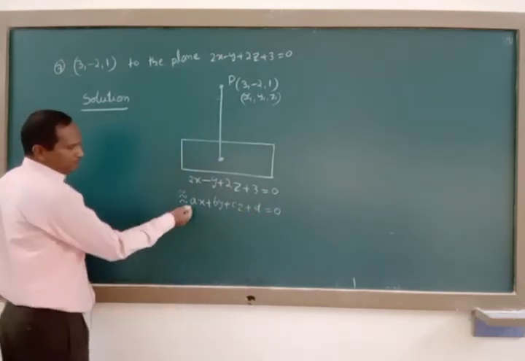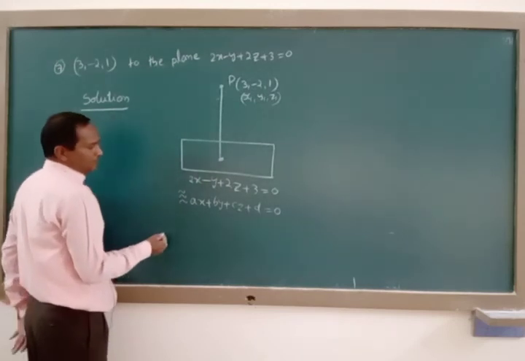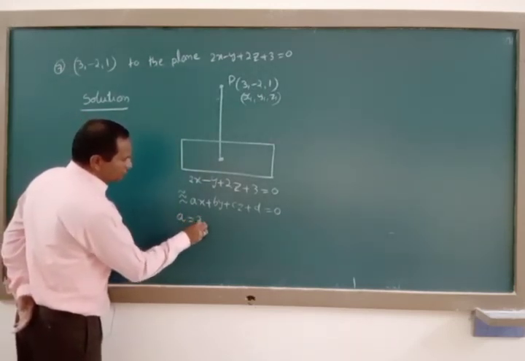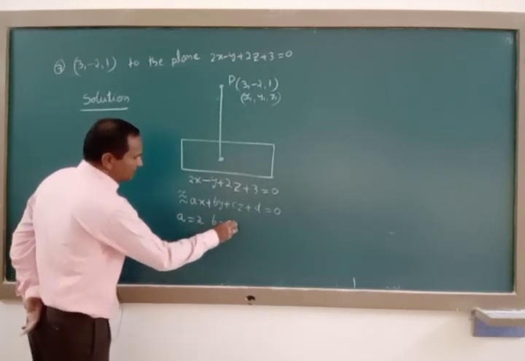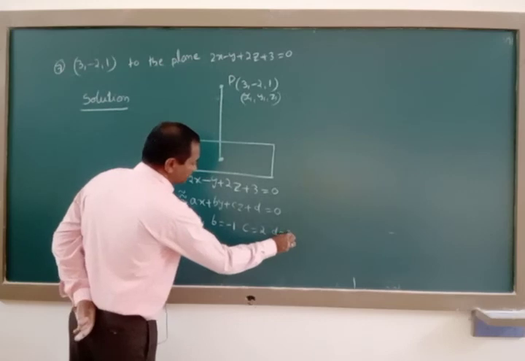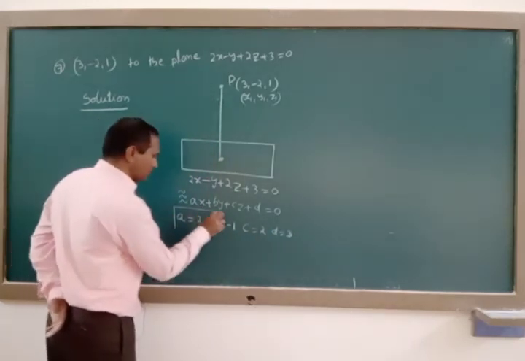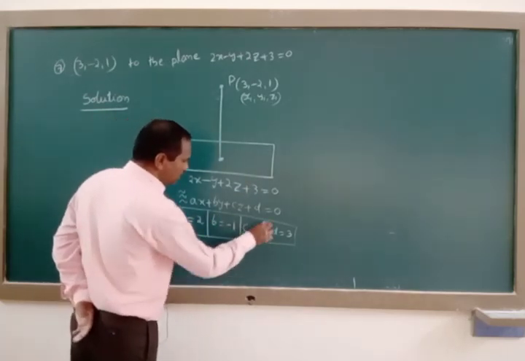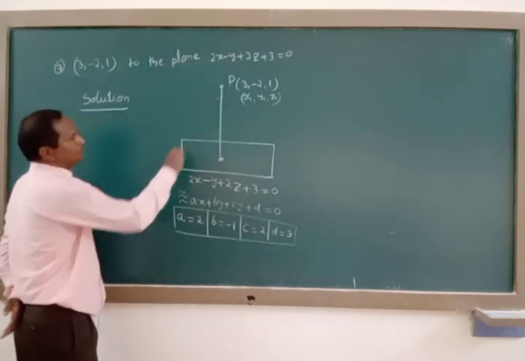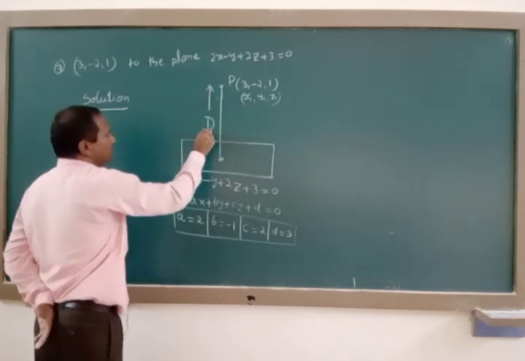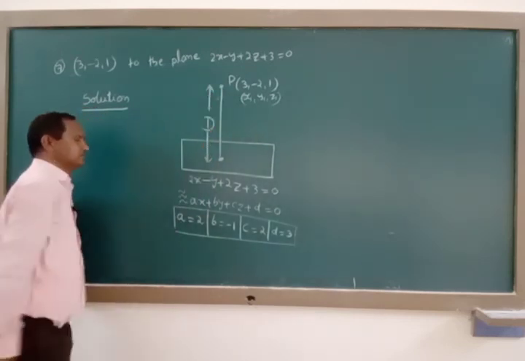By comparing, we get the values a is equal to 2, b is equal to minus 1, c is equal to 2 and d is equal to 3. We got all the values of a, b, c, d. We consider capital D as the length of the perpendicular from the point onto the plane.